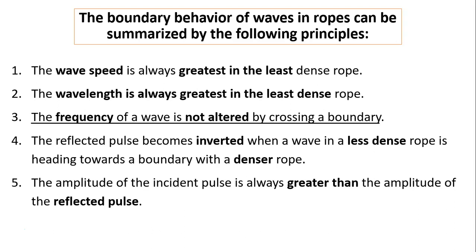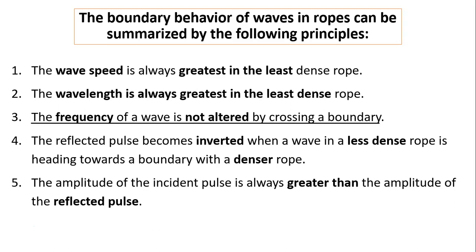So, boundary behavior summary. The wave speed is always greatest in the least dense medium. The wavelength is always greatest in the least dense medium. The frequency is not altered by crossing the boundary because frequency is the same as the source. The reflected pulse is inverted when the wave travels from the less dense to the denser medium.